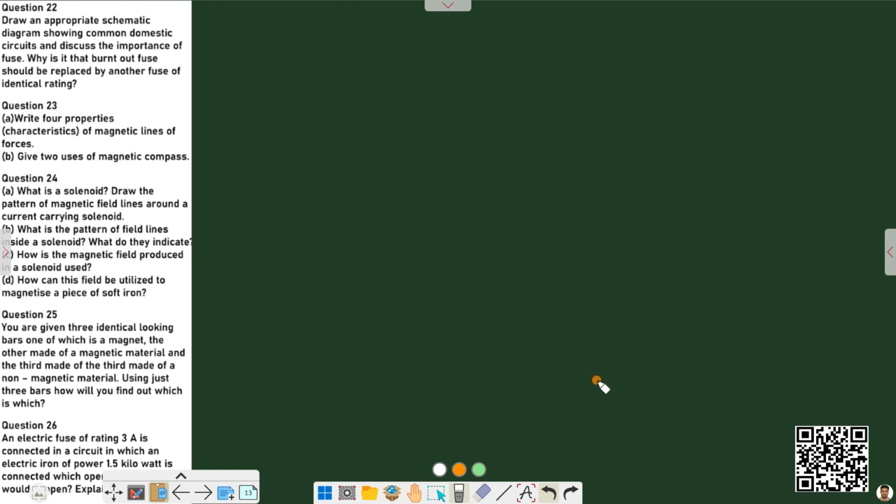Suppose now to solve this type of question, we have three bars. This is bar number one, this is bar number two, and this is bar number three.